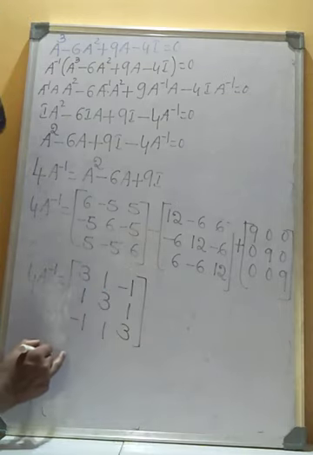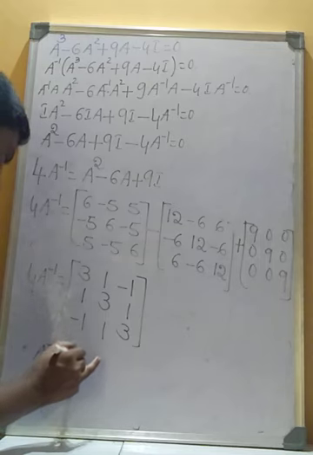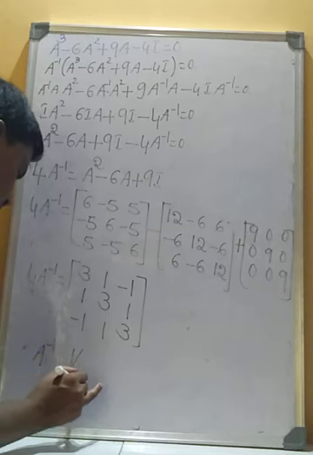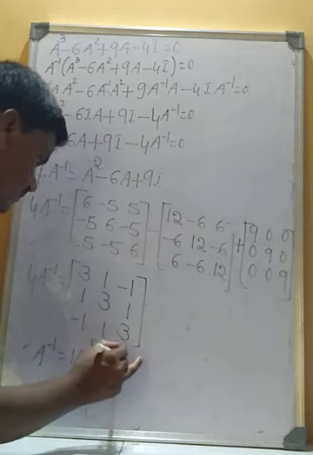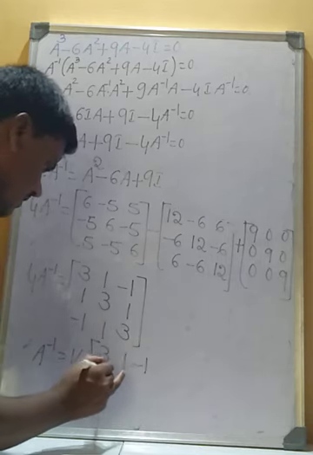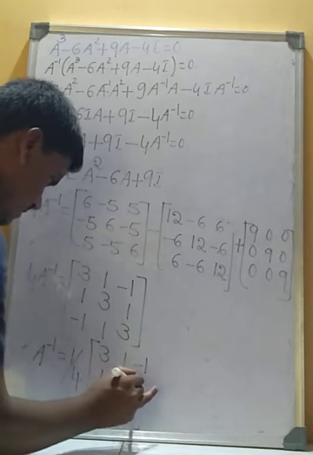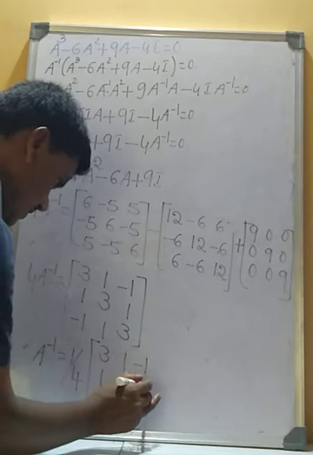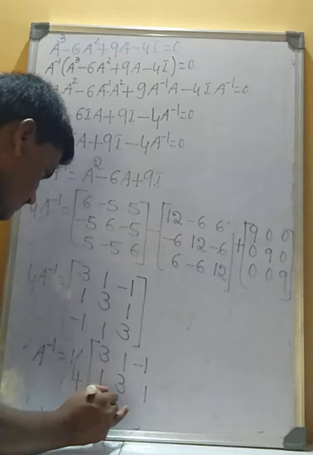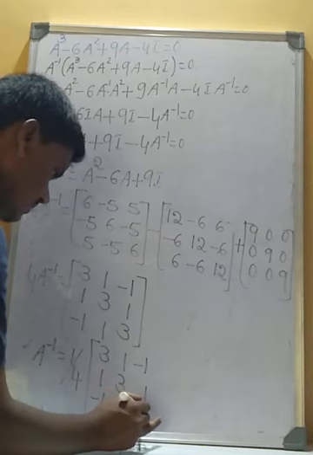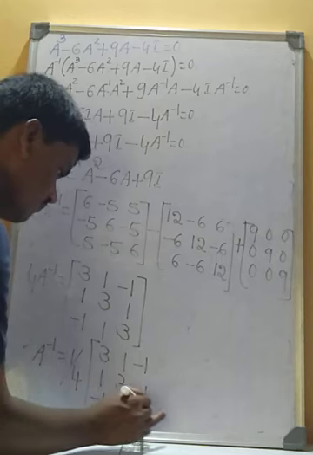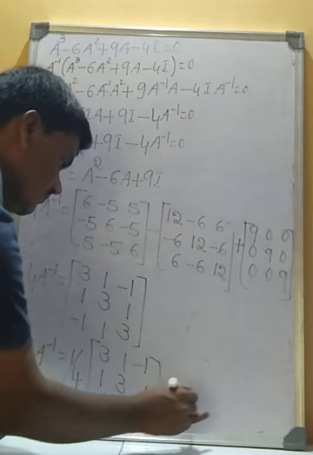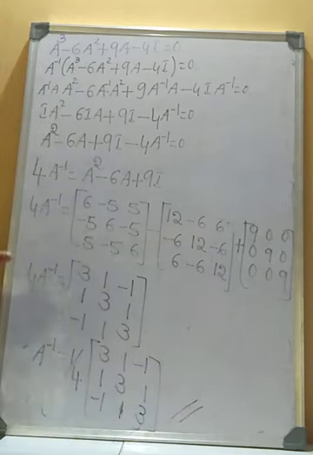Therefore A inverse is equal to 1 divided by 4 into [3 1 -1; 1 3 1; -1 1 3]. So that is A inverse.